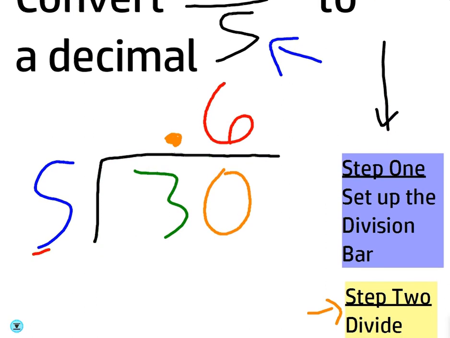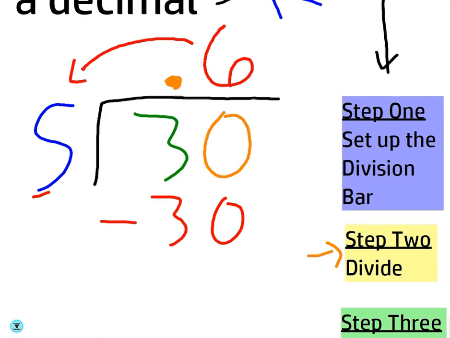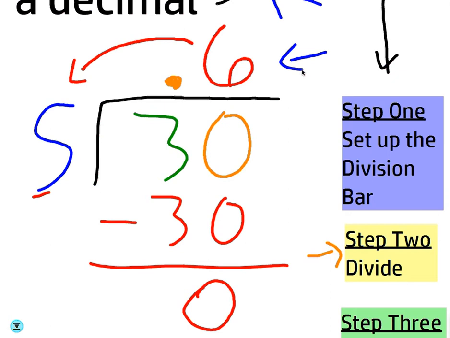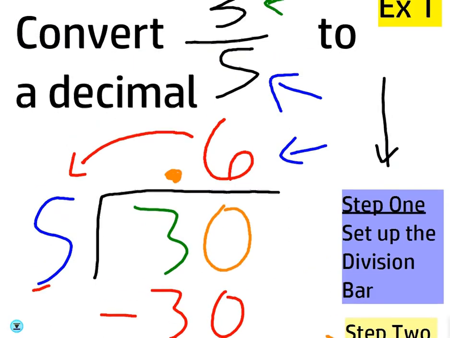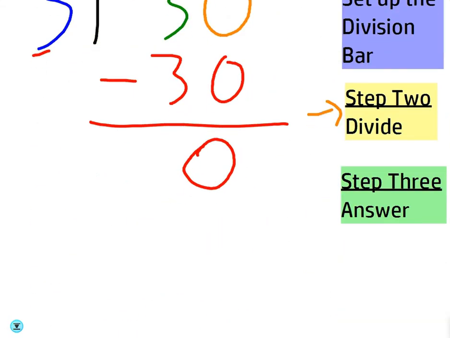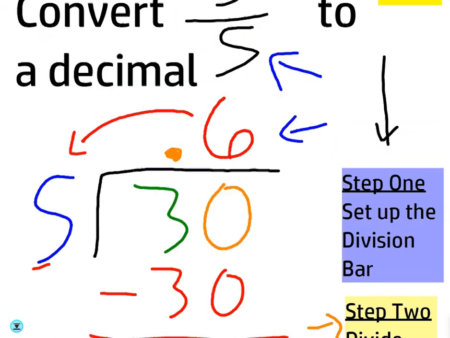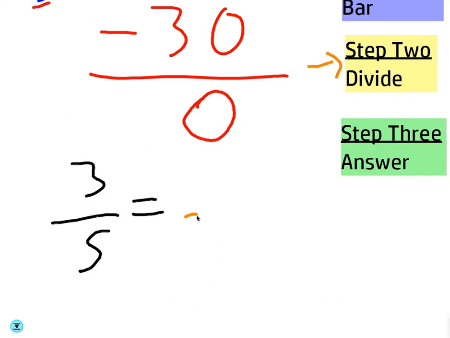Then I'm going to take the 6, multiply it back to the 5, get 30, subtract it. Once you get 0, you're done, and whatever you have on the top is going to be the answer for the decimal conversion. So final answer, 3/5 is equal to 0.6.